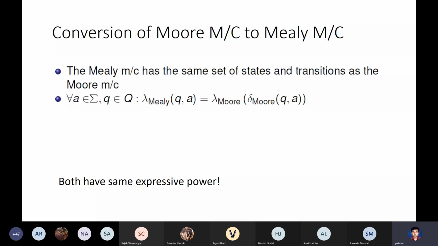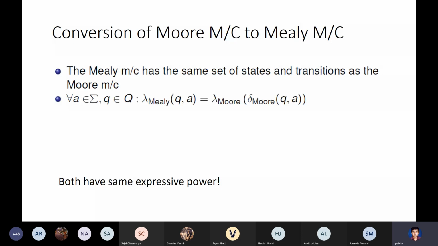So whatever can be realized using a Moore machine can also be realized using a Mealy machine. What this means is that you can convert a Moore machine into an equivalent Mealy machine and vice versa. First let us see how to convert a Moore machine to a Mealy machine.